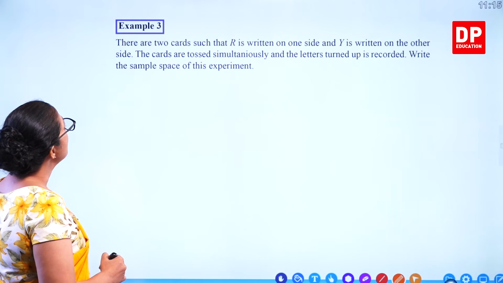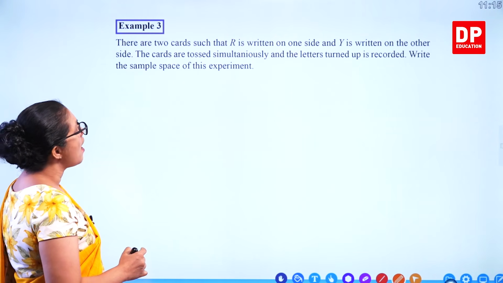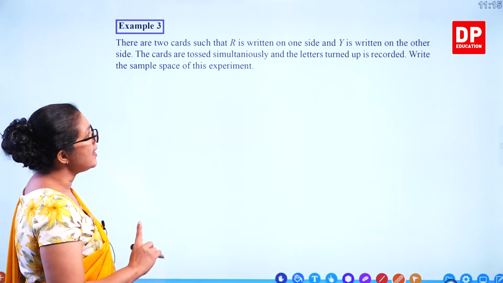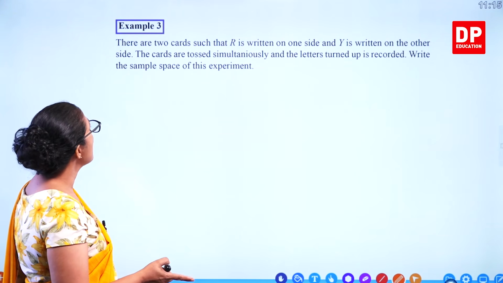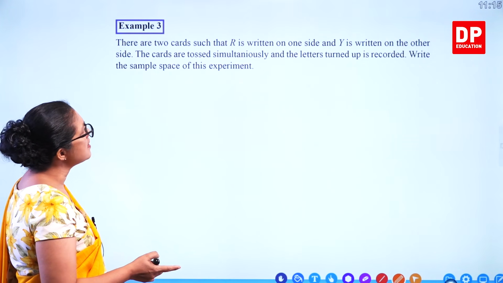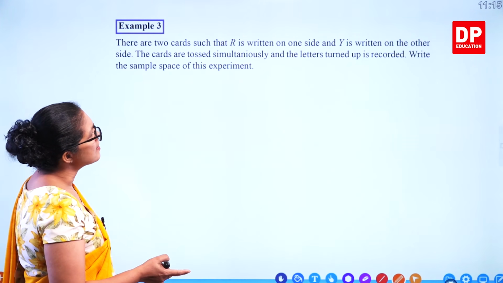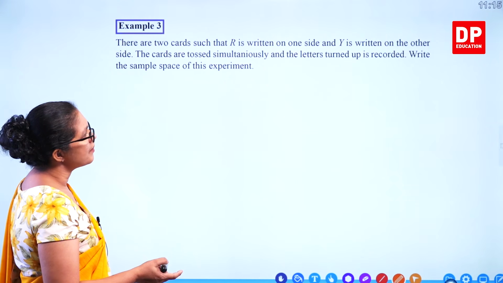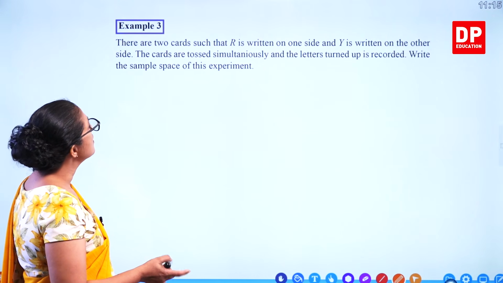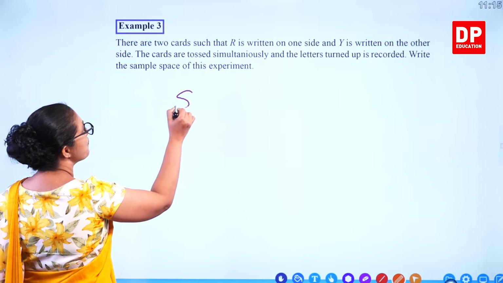Example number 3. There are 2 cards such that R is written on one side and Y is written on the other side. The cards are tossed simultaneously and the letters turned up are recorded. Write the sample space of this experiment. So 2 cards are there.